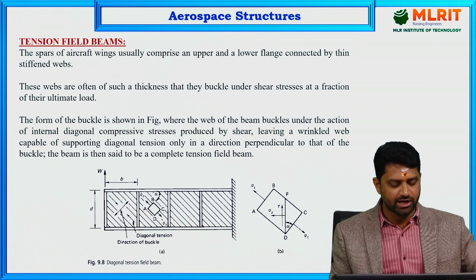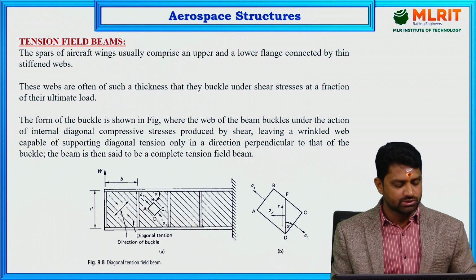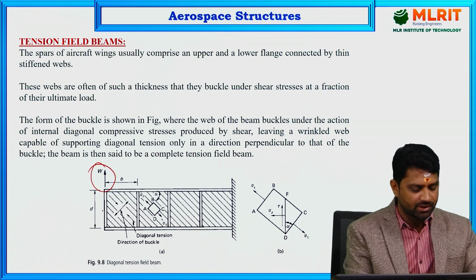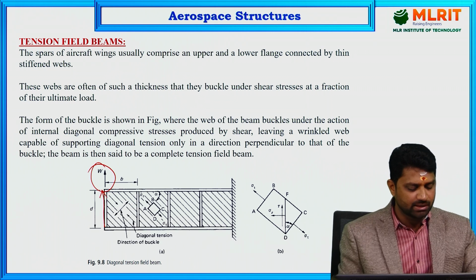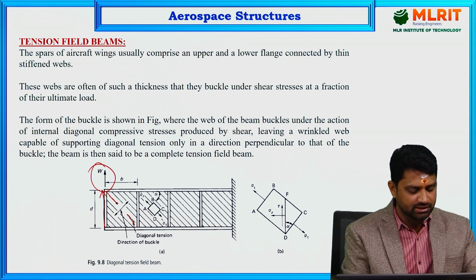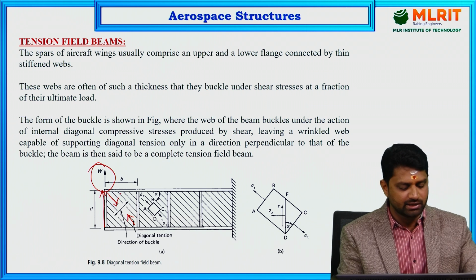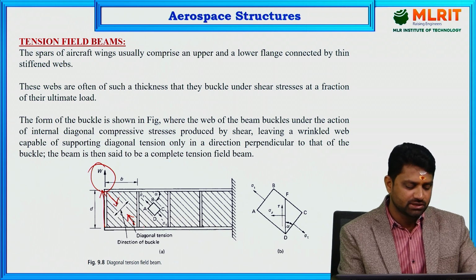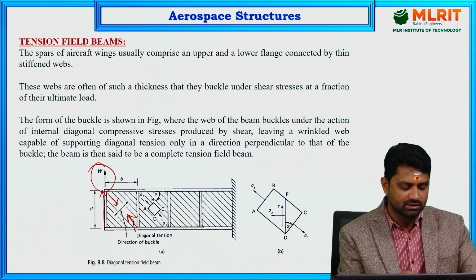If you try to understand the diagram, this is the beam, and the load W is applied here. Because of this load W, you can see the diagonal tension in this direction, and the buckle will occur perpendicular to the direction of the diagonal tension.